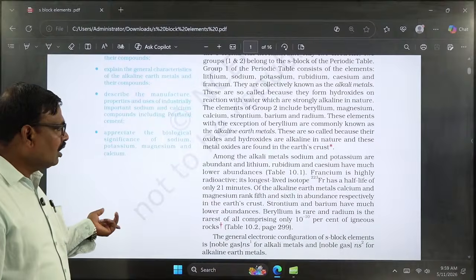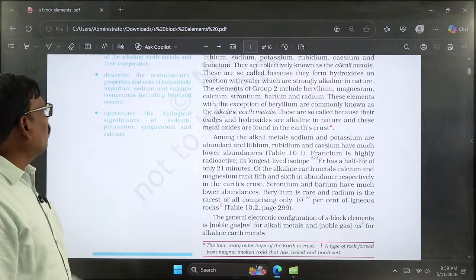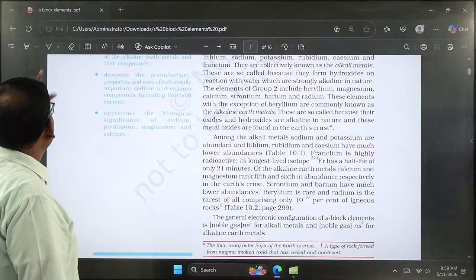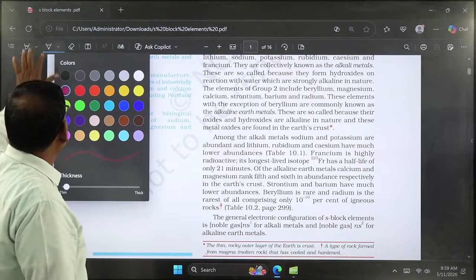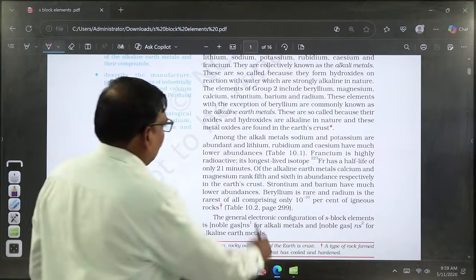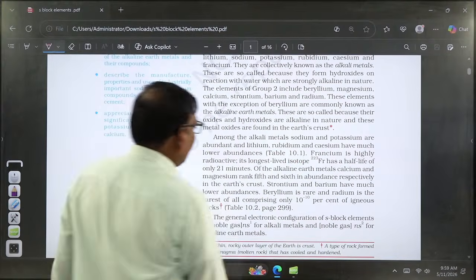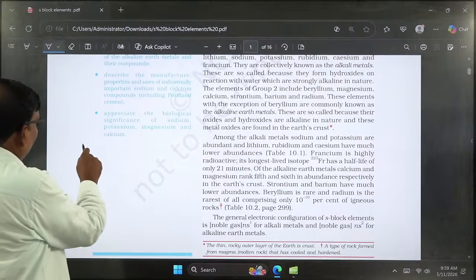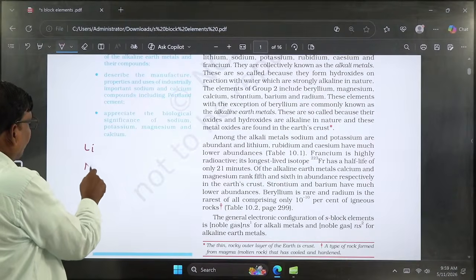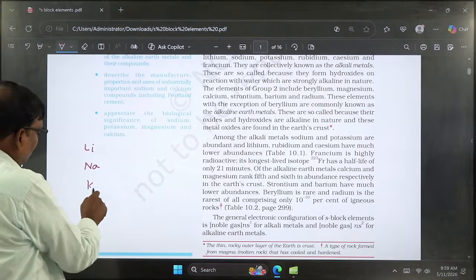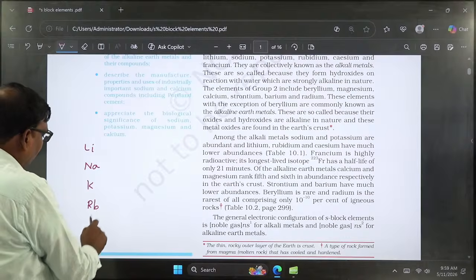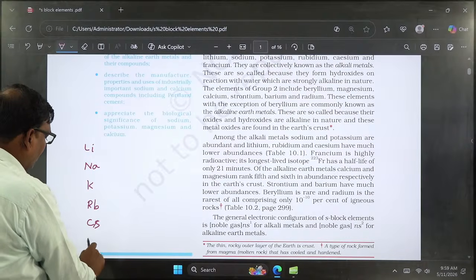Okay. So coming to the first group, the elements present are lithium, sodium, potassium, rubidium, cesium and francium.